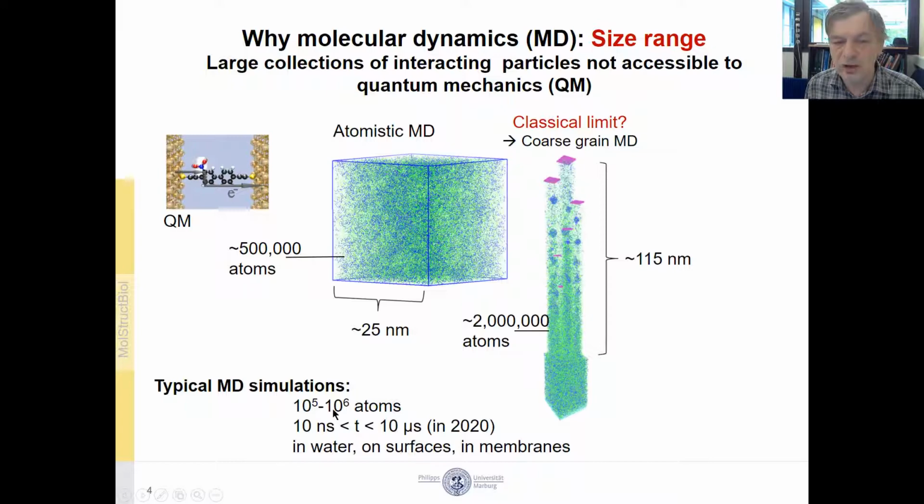100,000 to 1 million atoms is quite typical for an MD simulation in terms of the size of the system that we are studying. We usually do not study these systems in vacuum, as is usually done in quantum mechanics, at least when you do not apply some kind of semi-empirical corrections, but we do these simulations in water or on a given surface. We can even do simulations in lipid membranes, and see how a membrane protein reacts.